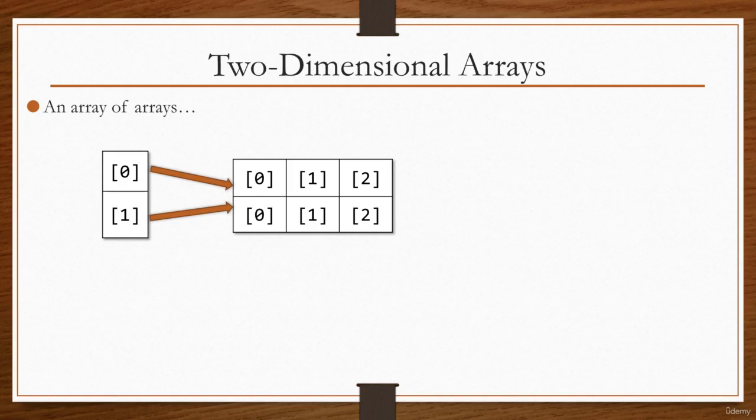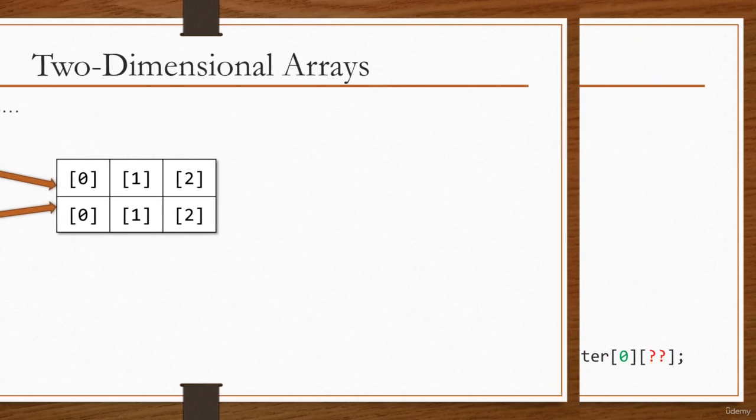So let's say you want to go to the second array, you pass in 1, and then that array once again has an index of 0 to 2 in this case, because we have 3 elements in that list. So if you want to access an element in that list, then you go 1, for example, to access the second array. Then within that second array, you pass in the index that you want to access. So the index that will point to the specific element that you want to access within that list.